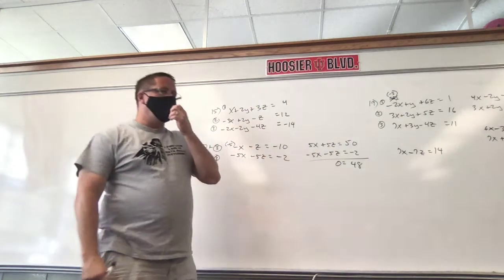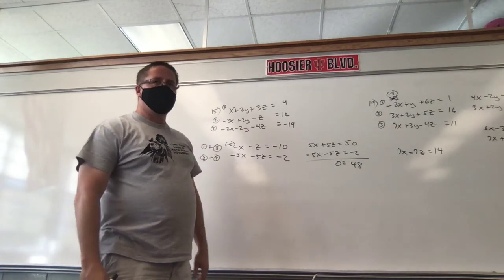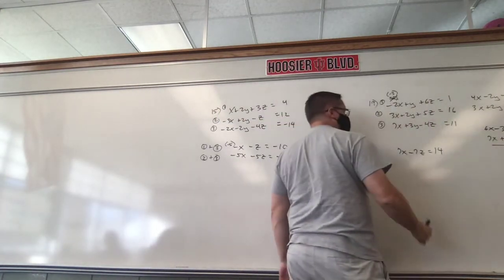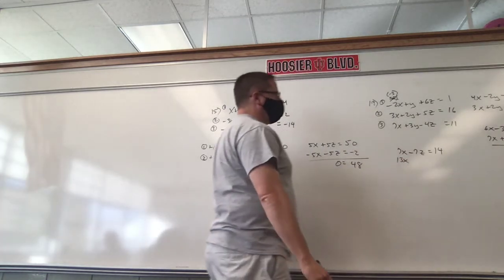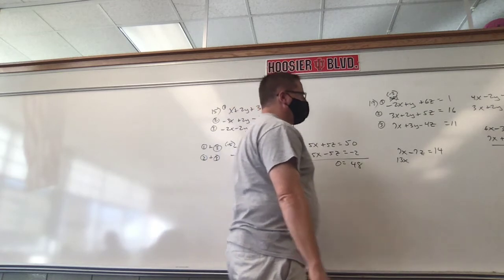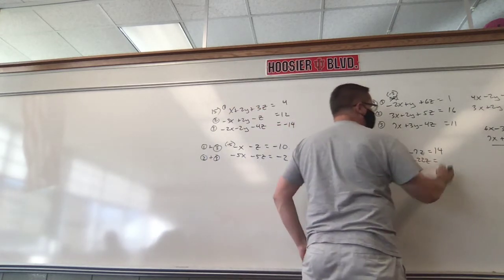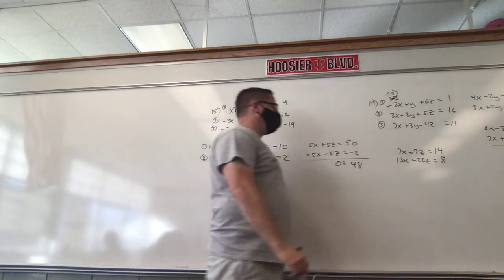Now what's nice when we add these up? The y's are going to go away. Okay? So, how many x's we got? 13 x's. No y's. Negative 18 and negative 4 is negative 22 z's equals a negative 3 and a positive 11 is a positive 8.